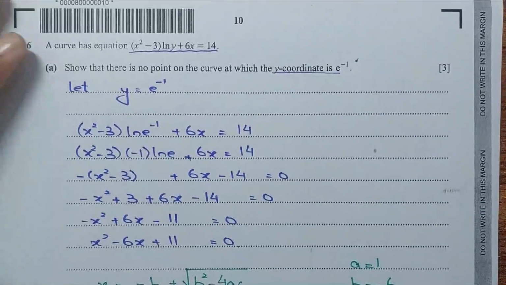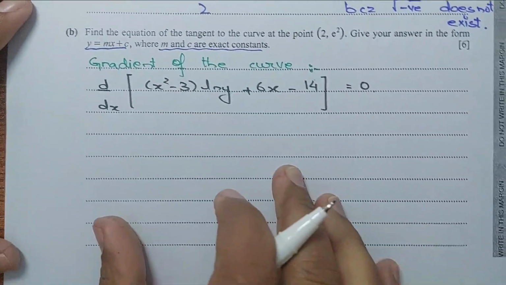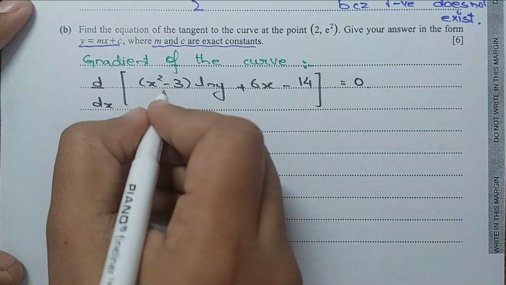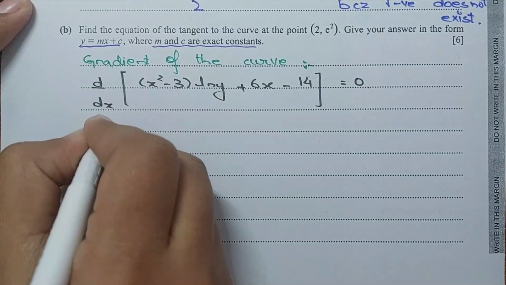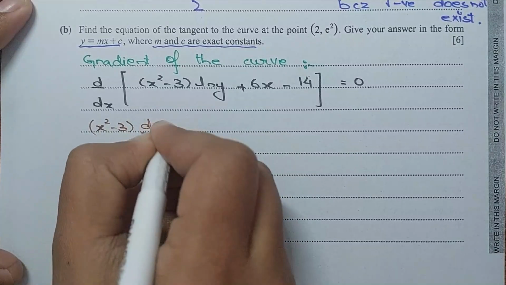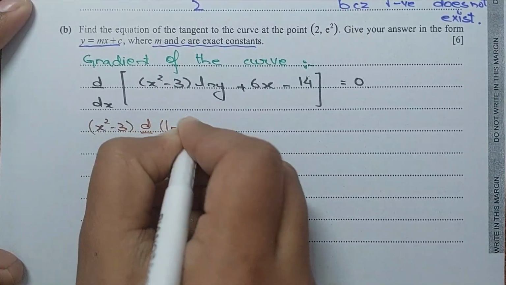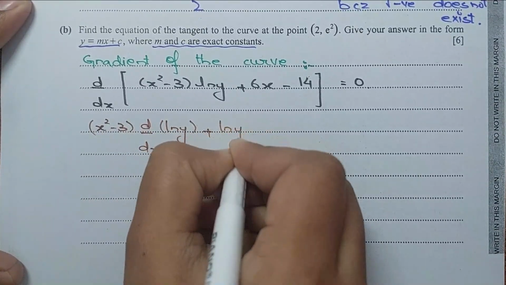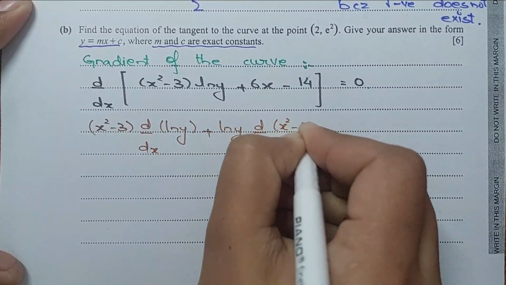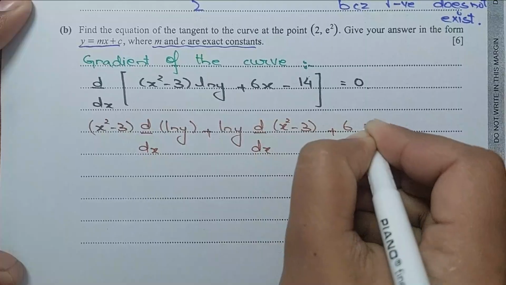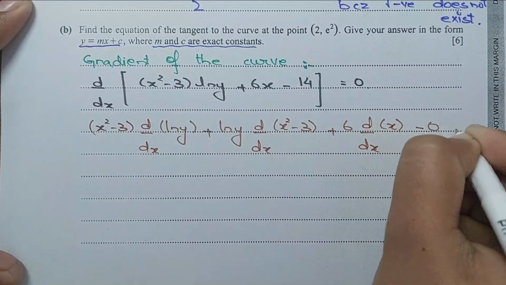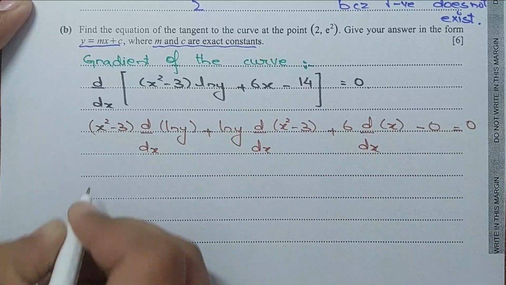I shifted the 14 to the other side, right? So we need to differentiate this. Here we use the product rule: x² minus 3 as it is, times the derivative of the second function, plus the second function as it is, times d/dx of the first function, plus 6 is a constant times d/dx of x, and the derivative of 14 is just 0.